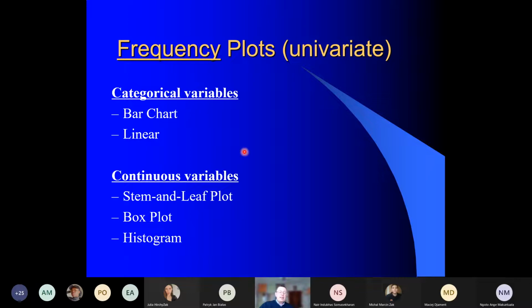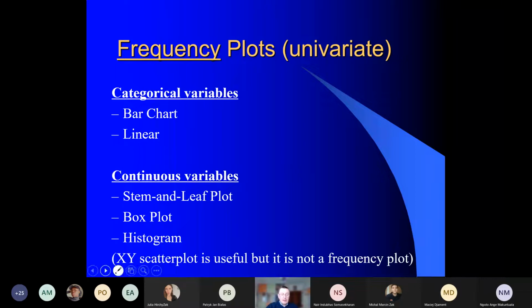So all these things are statistical charts. And just to visualize data, it's very useful to use a scatter plot. For categorical data, the bar chart plays the role of a frequency plot, but that's not for continuous data. For that we have to use a box plot or histogram.